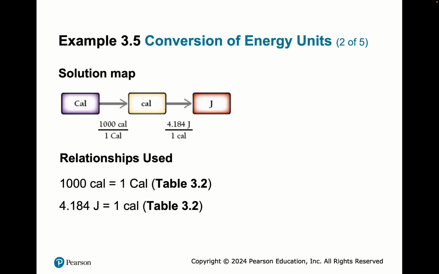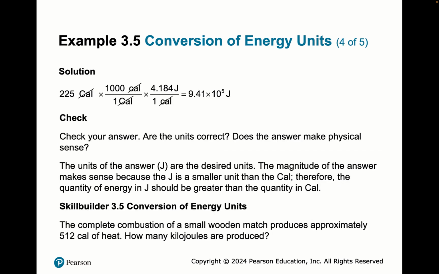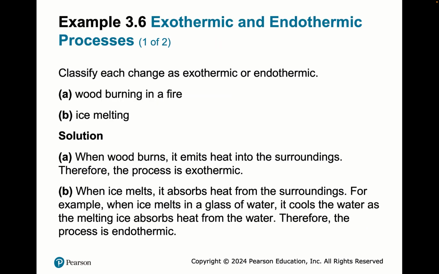Let's do the conversion: convert Calories to calories, and then convert to joules, with 4.18 joules per calorie. So 225 kilocalories times 4.18 joules per calorie, and we're asked for the answer in 3 sig figs: 9.41 times 10 to the 5th joules. So again, just doing dimensional analysis and getting the units to cancel.